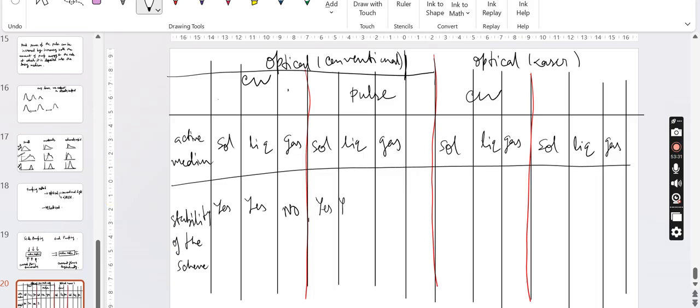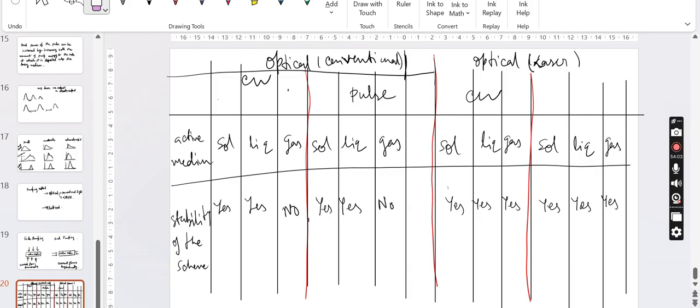But for CW laser where the pumping method is also laser, we can also use gas medium. Remember, when you are using the conventional pumping method, you can only use solid and liquid as active medium.